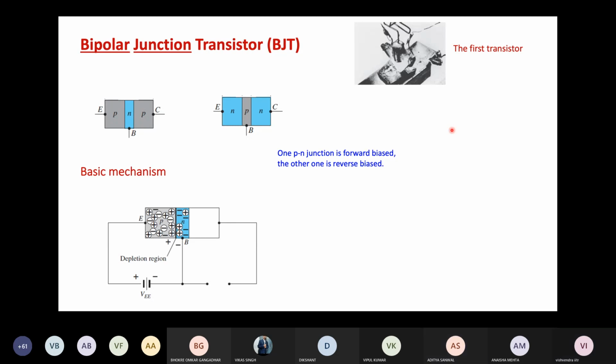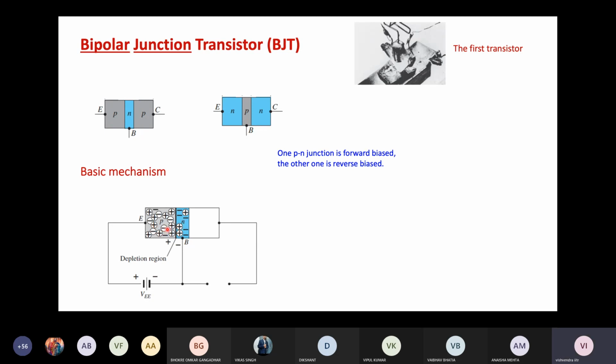From the P side, the majority carriers are holes. They will be diffused heavily to the N side. And in the N side, the majority carriers are electrons. They will be diffused to the left side. So a lot of holes will come from the emitter to the base when this is forward biased, and the electrons in the base will travel towards the emitter.